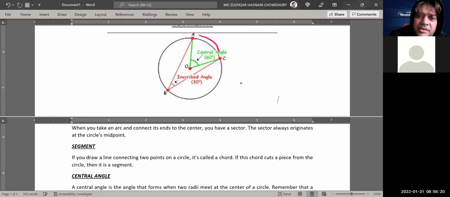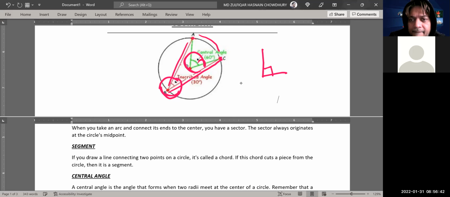If you draw an inscribed angle from the point, no matter where it is, what is the value of this angle? 60, 70, 90? It's 60 and the other angle is 30 and they add up to a right angle.